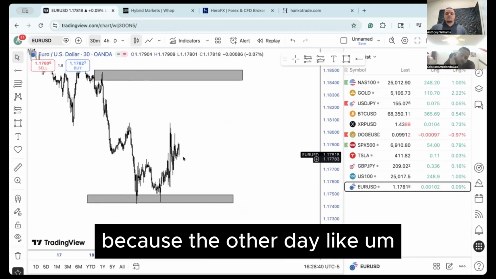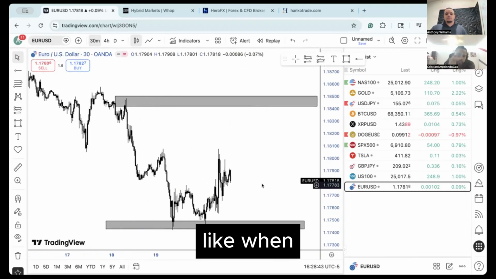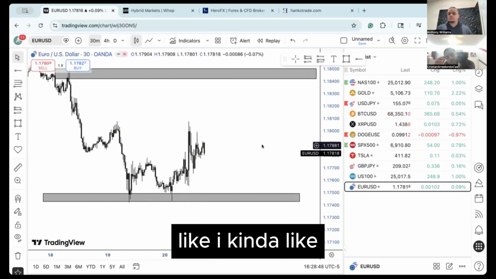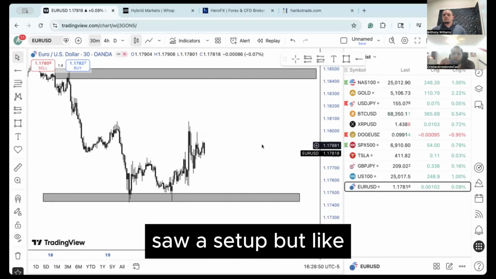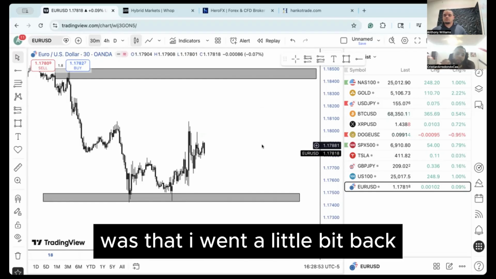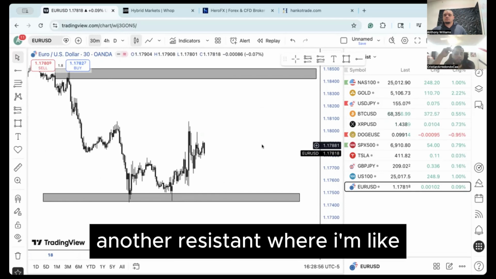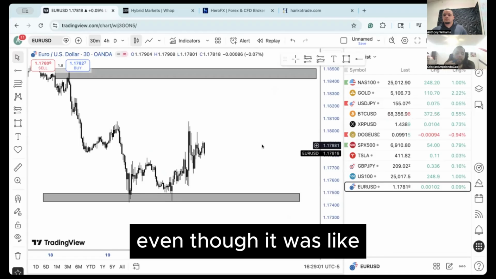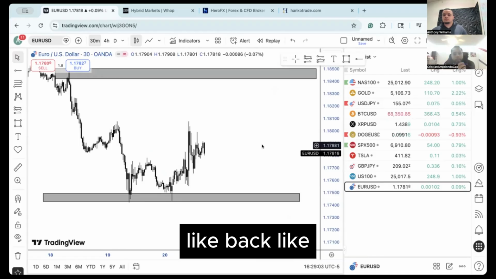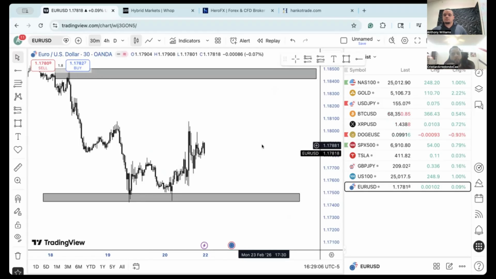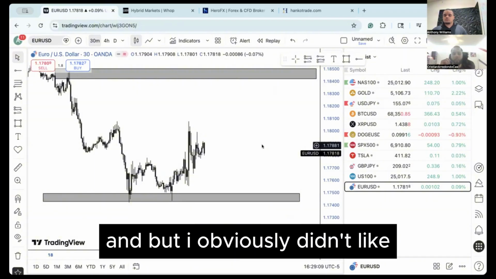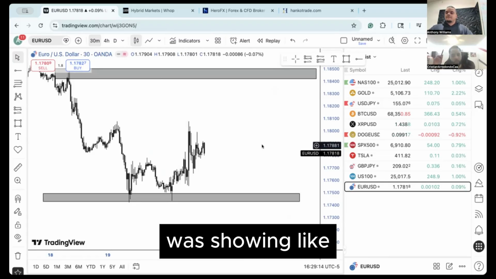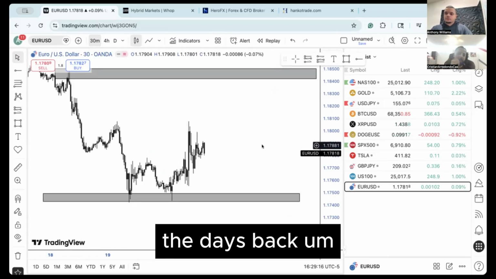But the other day when I was going through a chart, I saw a setup, and what confirmed it for me was that I went a little bit back and saw another resistance, and I thought, this is definitely going to bounce back, even though it was a day or two back. I obviously didn't base the whole system off that resistance, but it was showing a pattern from days back.